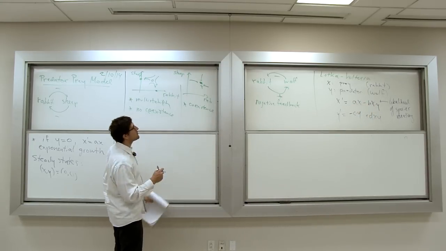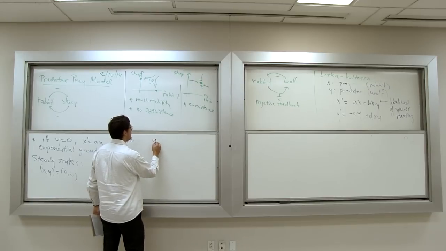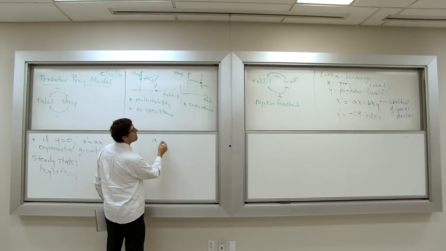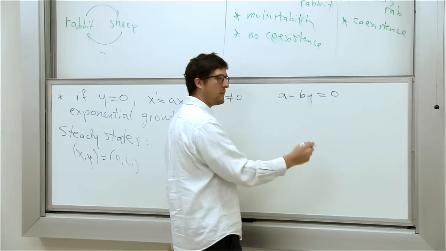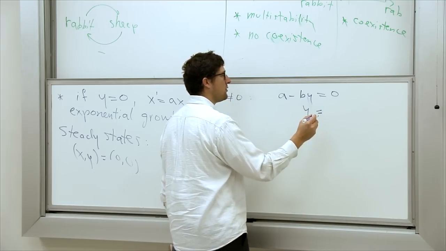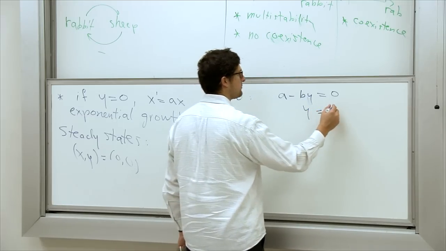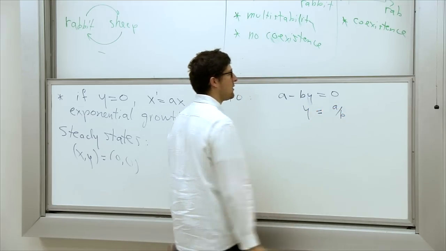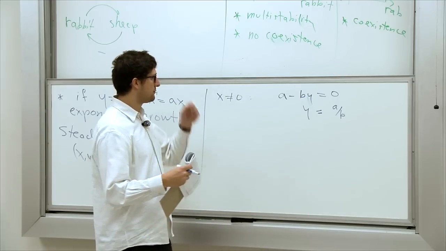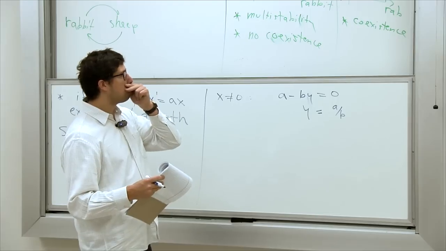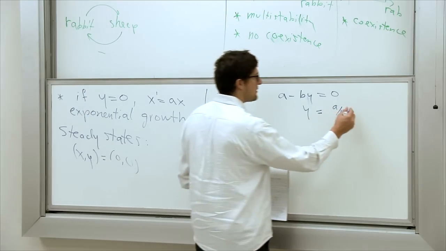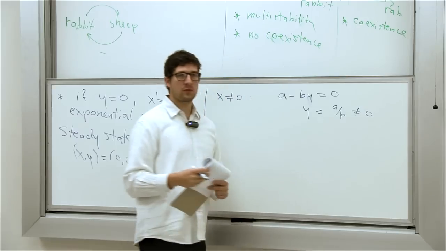So from the first equation, we can tell that a minus by is equal to 0. That means that y is equal to a over b. So in particular, this is different from 0.